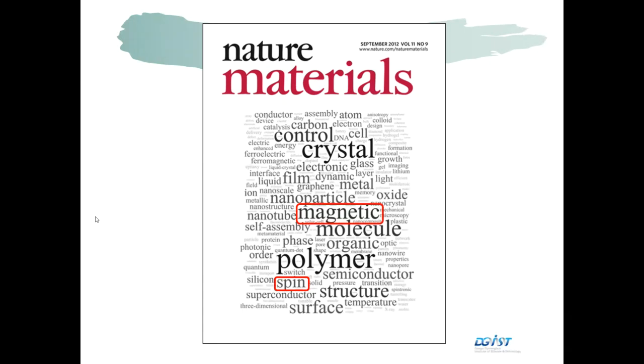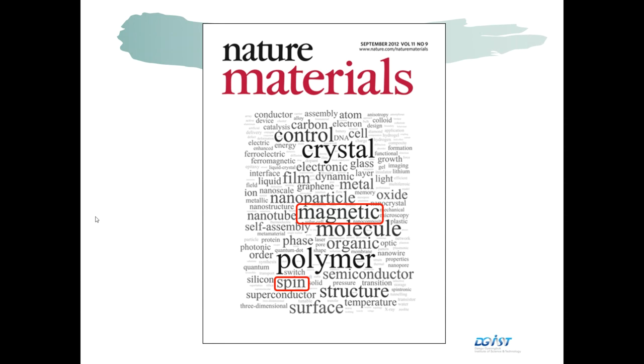There are many words, and this word cloud is a kind of statistic of the papers published in Nature Materials. The bigger font means it's more frequently handled in this journal. So as you see here, magnetic and spin are among the most important topics in material science.